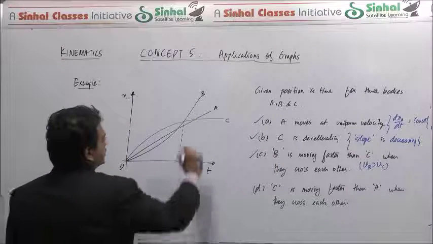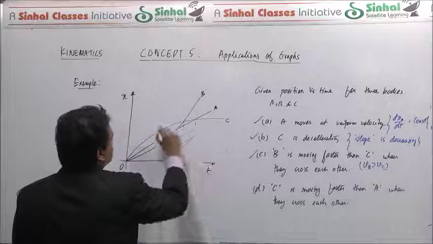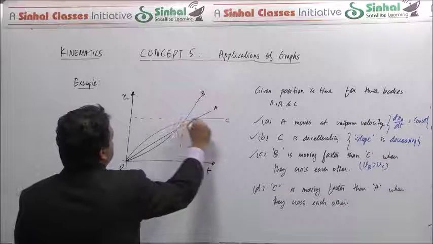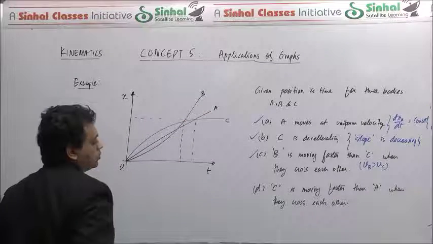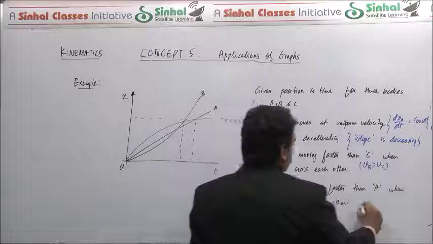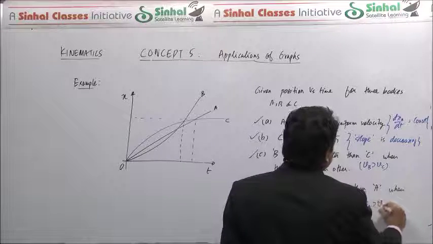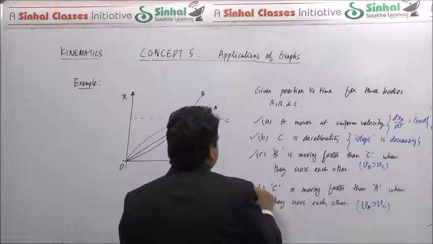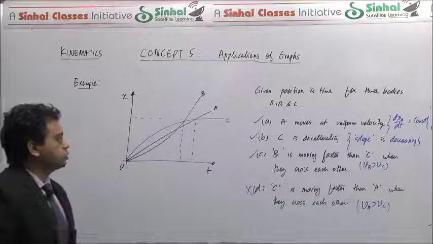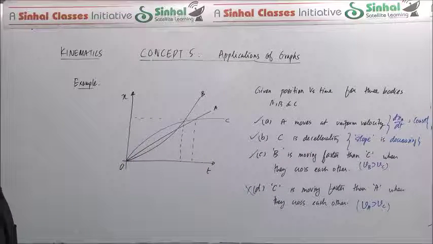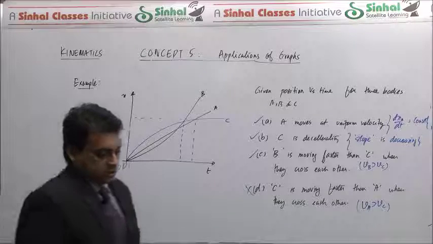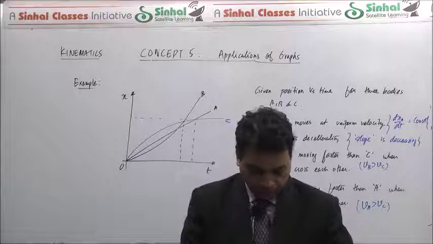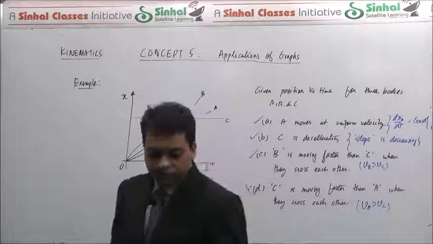Whereas for the next option, when C crosses A, you can see the slope of A is more than the slope of C. So actually VA is greater than VC, so this option becomes wrong. So the correct options are these. Alright, so that concludes this session.